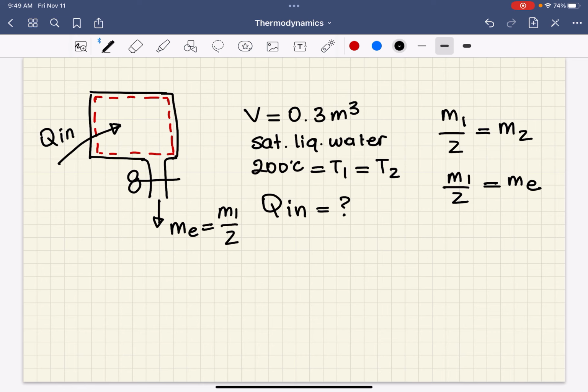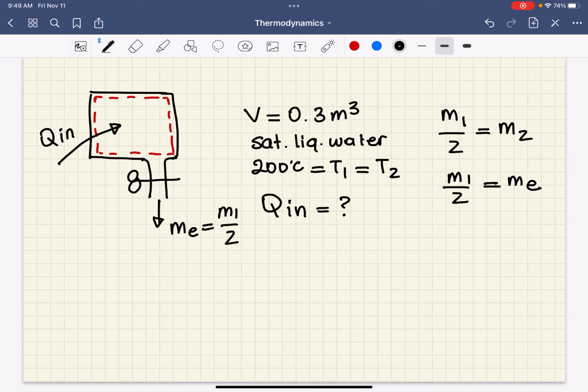Okay, so the first thing is we sketched our system. We wrote down what is given, and what is being asked is the heat interaction. The only way to find an energy interaction is to write the energy balance, and that is what we need to do. First of all, to be able to write an energy balance, we need to identify what type of system we are dealing with.